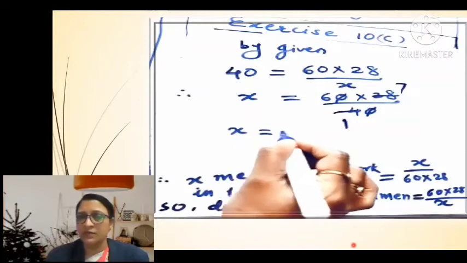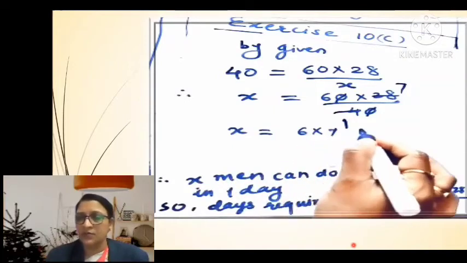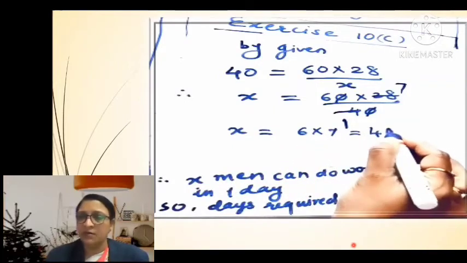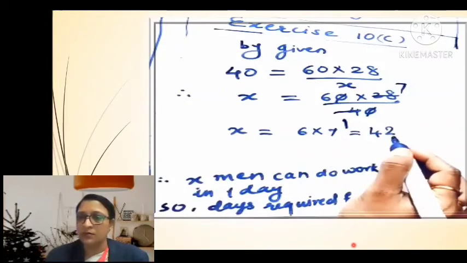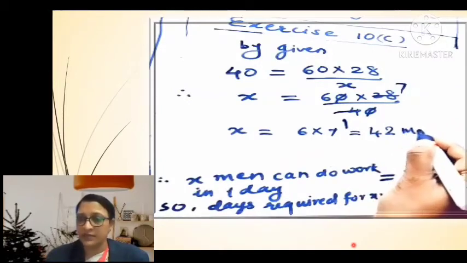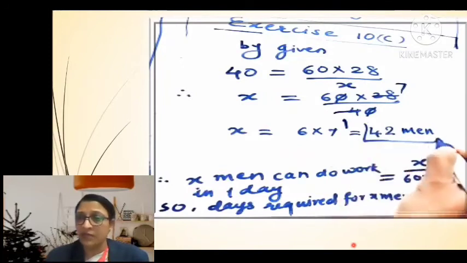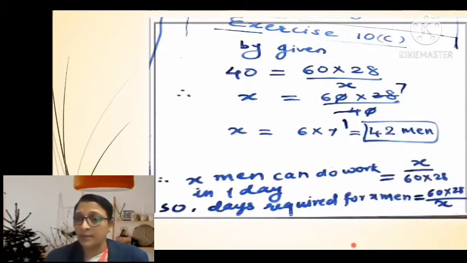So X is equal to 6 into 7, that is 42 is the value of X. And this X we have considered as the number of men.